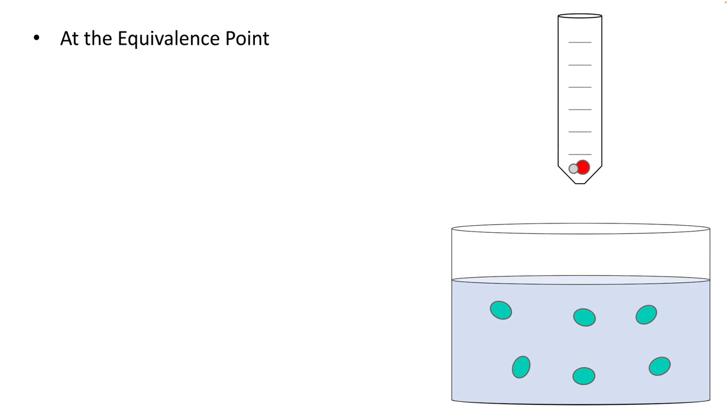We now take a look at what's in our solution at the equivalence point, which again is where the number of moles of added OH- is equal to the number of moles of HA we started with, and therefore is the amount needed to neutralize it. Well, it doesn't actually neutralize it, because if we have a solution where the predominant species is the weak base A-, then that solution is going to be a little bit basic.